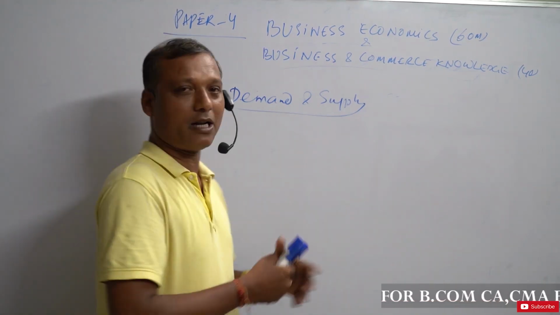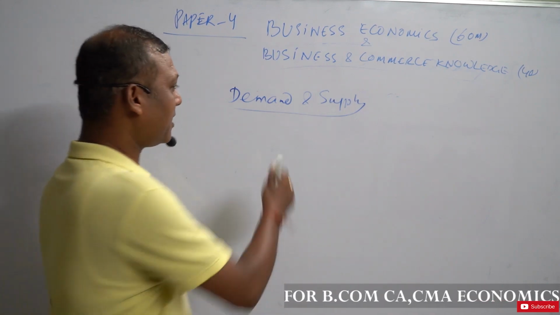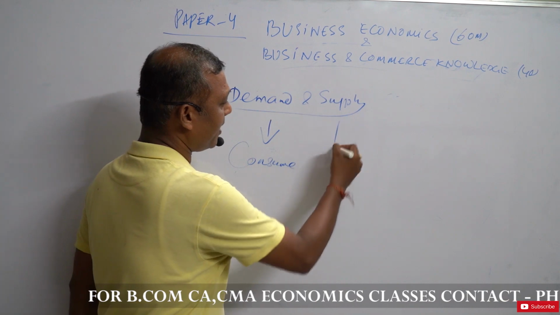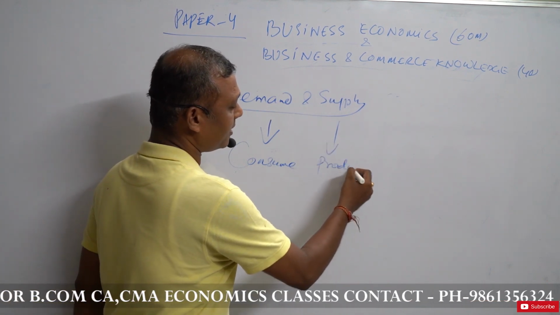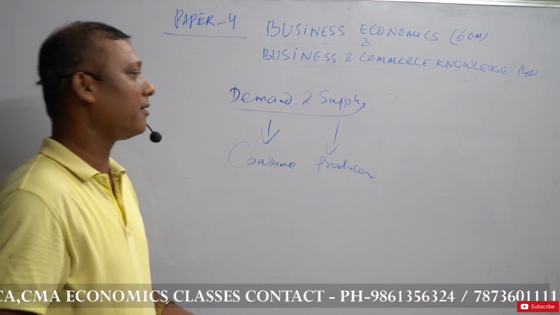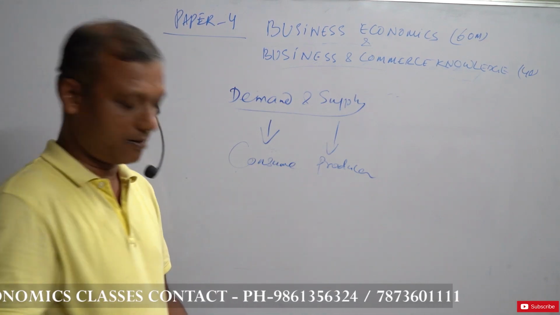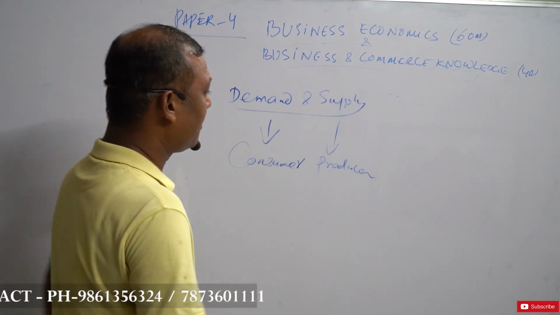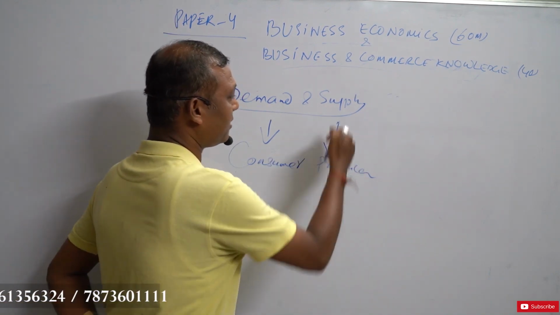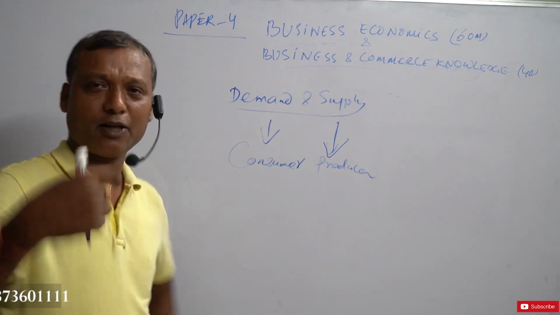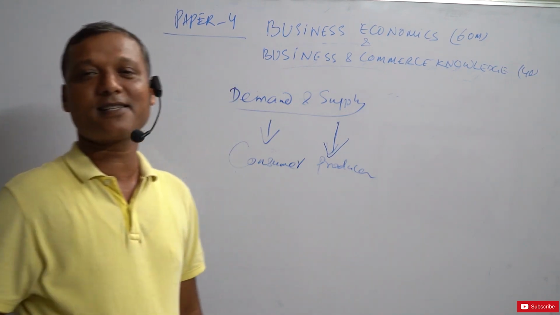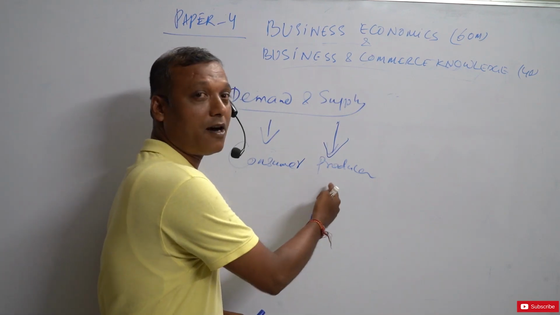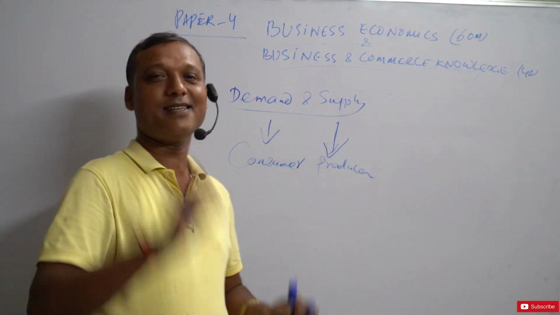When you talk about demand and supply, obviously one name comes here: demand is a part of the consumer, and supply is a part of the producer. Demand is the subject of the consumer, and supply is the task of the producer. In economics, consumers and producers are really interesting concepts. It is a consumer on one hand and a producer on the other hand. Two sides of the same coin.